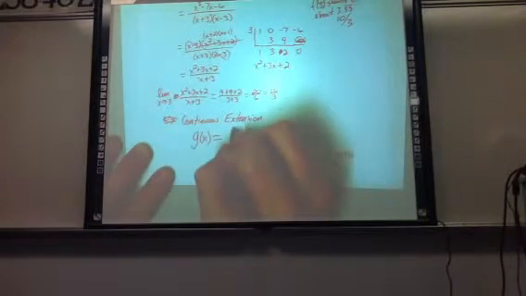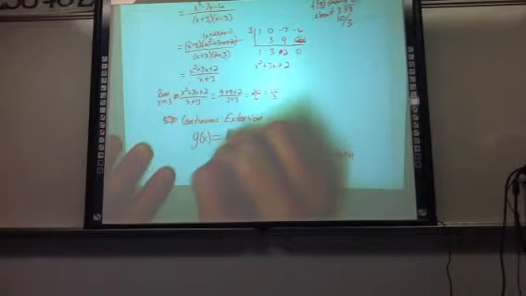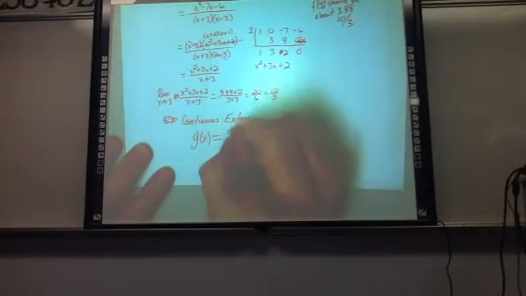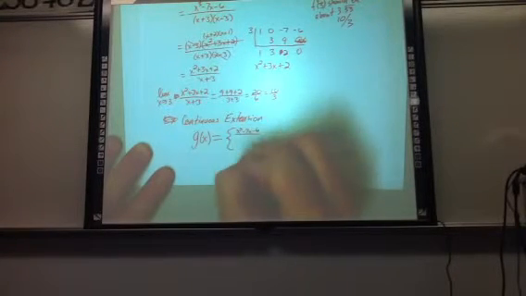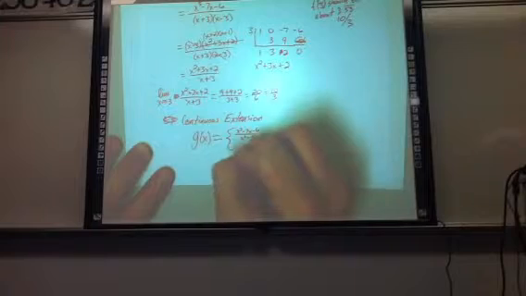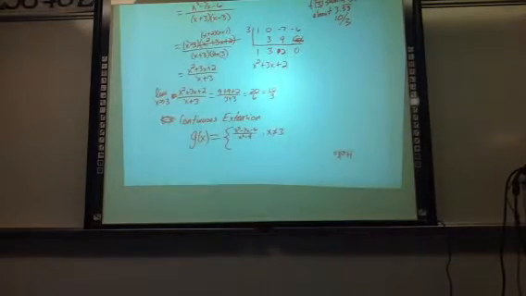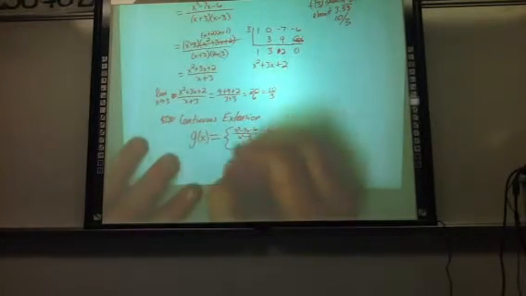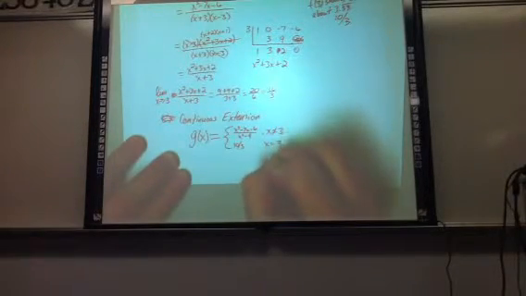G of x will equal, and this will be a piecewise function, x to the third minus 7x minus 6 over x squared minus 9. That was our original. As long as x doesn't equal 3. We can't remove that one, right? That one's got to stay. But it will equal 10 thirds when x equals 3.